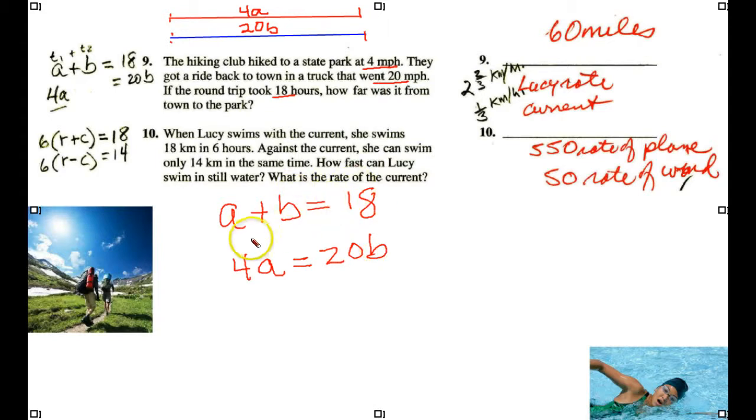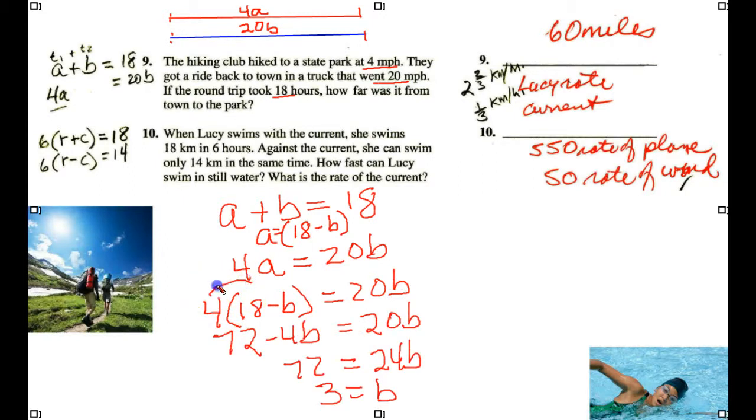So what do you suggest? Well, I suggest solving for A. A is going to equal 18 minus B, which we're going to put right there. So 4 times A, which is 18 minus B, equals 20B. So we use the distributive principle, get 72 minus 4B, transpose the negative 4B to this side, get 24B, divide both sides by 24, B equals 3.